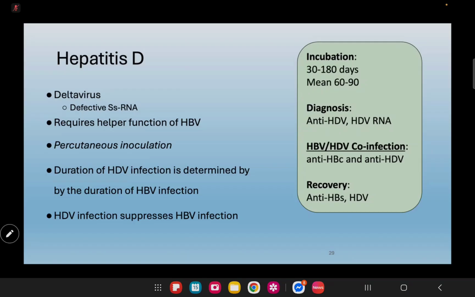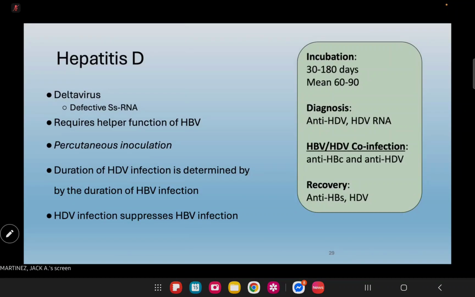So you would know that there is co-infection. If there is recovery, it is indicated by appearance of anti-HBs and anti-HDV. Okay, so if there is recovery, the anti-HBs and anti-HDV antibodies are positive.